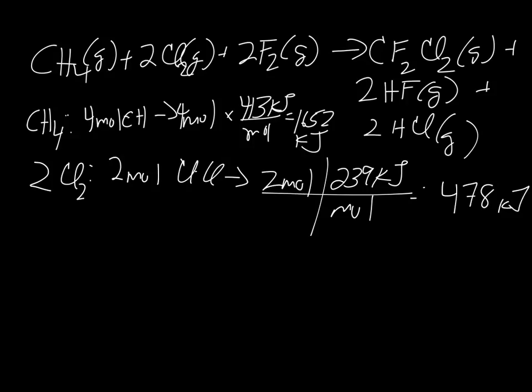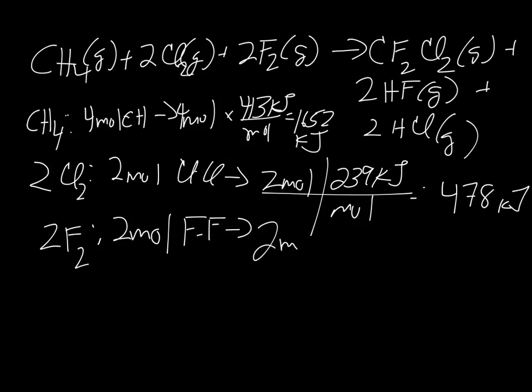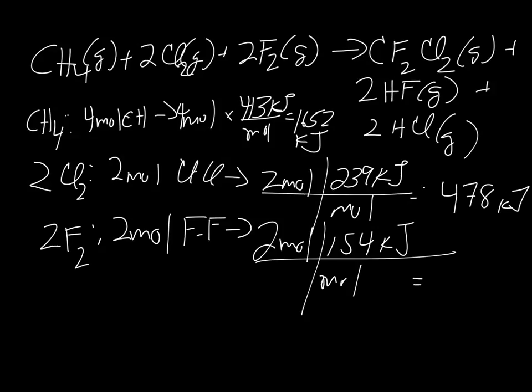Now what's left in my reactants? I have the F2, and I have 2 of them, so I have 2F2. It's the same process here: 2 moles of F, and I use my table to figure out what it is. Again, they may be slightly different because these are simply approximations, but good ones at that. And we get 308.